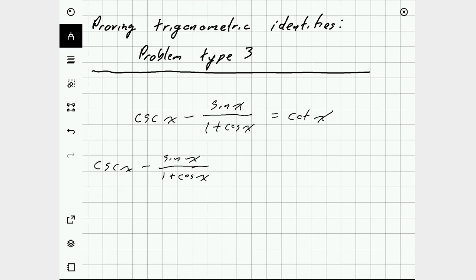So if I can do something to combine all of this stuff and condense it down, life is going to go well for me. When you don't really see anything else you can do, rewriting everything in terms of sine and cosine is never a bad choice.